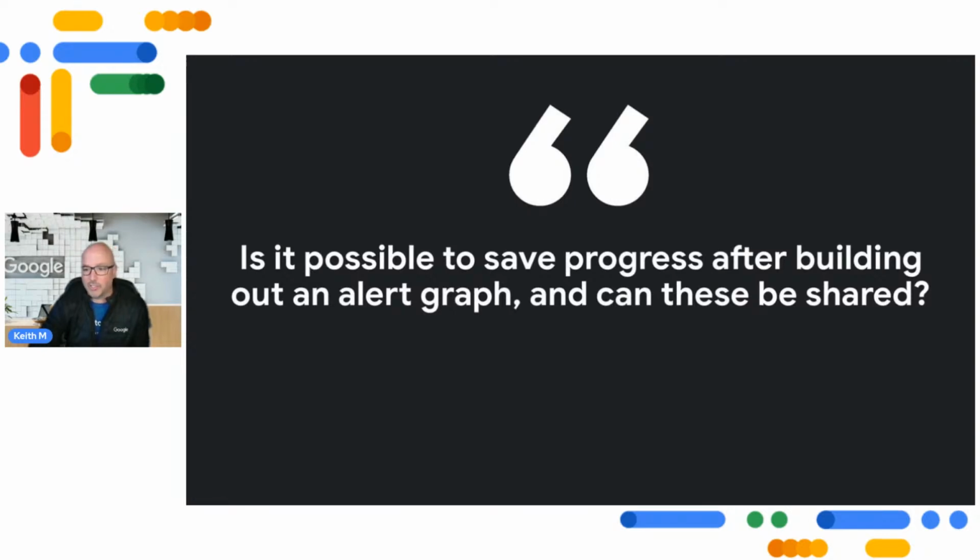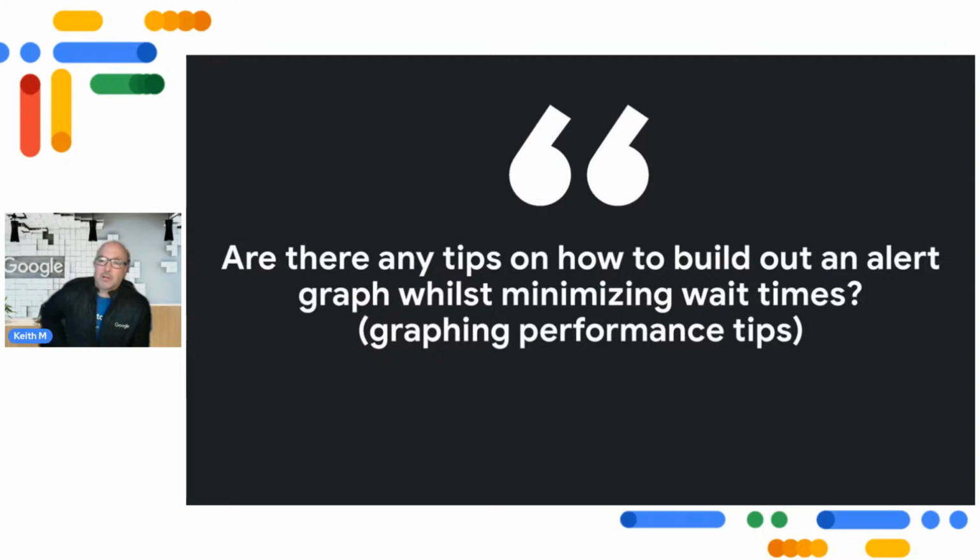Okay, next question. Are there any tips on how to build out an alert graph while minimizing wait times? Graphing performance tips. And so what I've seen here is that our alert graphing technique is starting with the 5 entities on the screen, and that's designed to minimize the time it takes to plot out the different entities and detections.